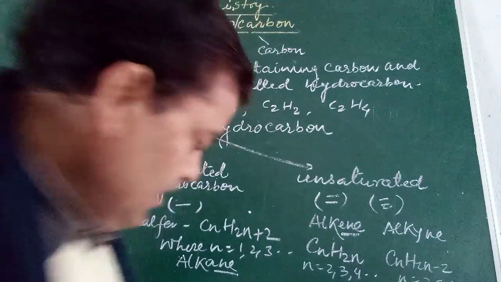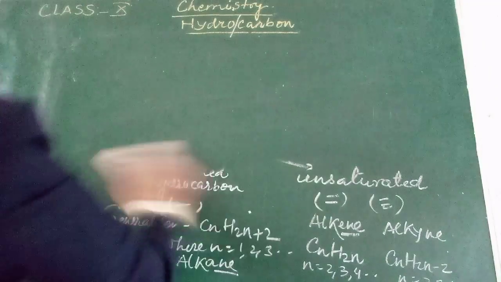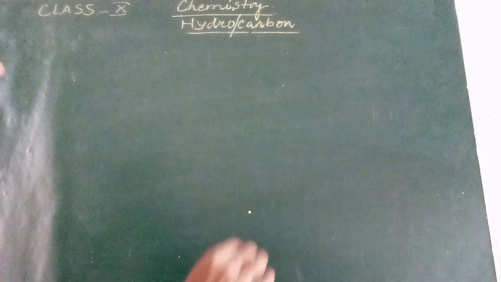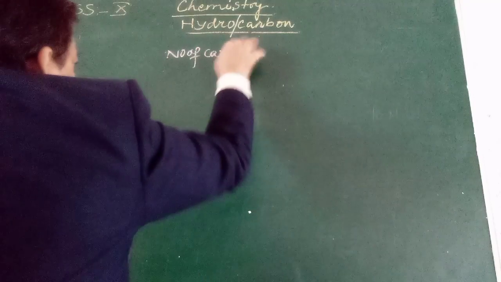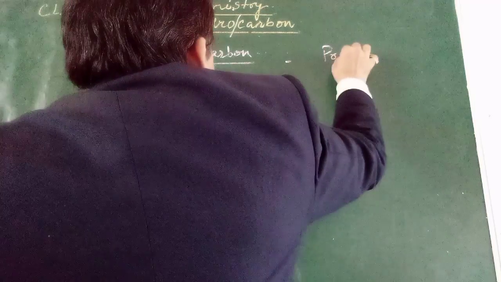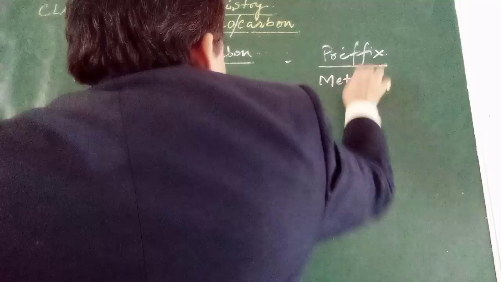Okay, it is clear? Now let us see how you will write the members of alkane, alkene and alkyne. Before that, you have to consider the name according to the number of carbon atoms. If the number of carbon atoms is 1, the prefix is meth, M-E-T-H.